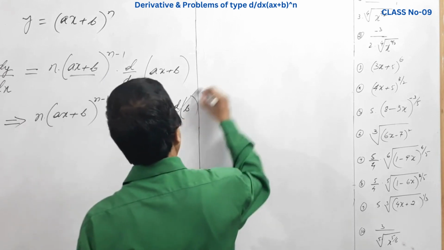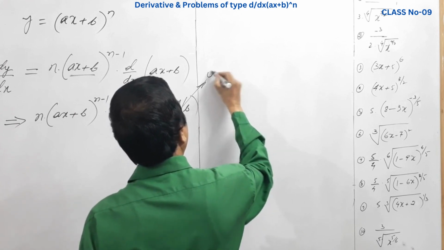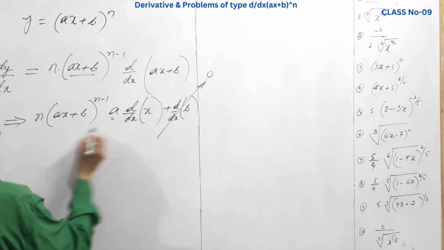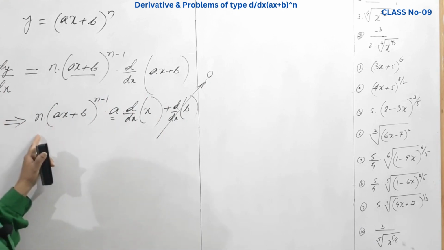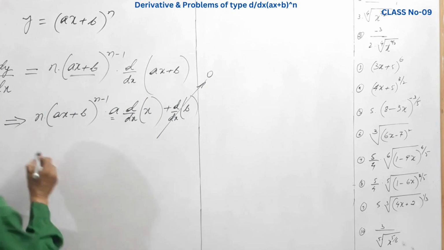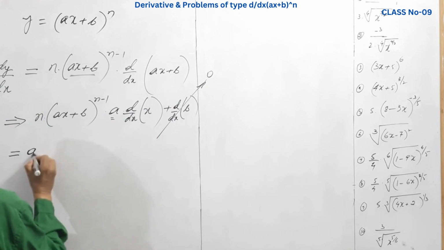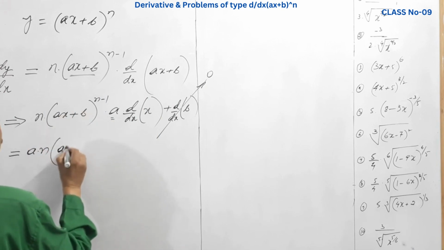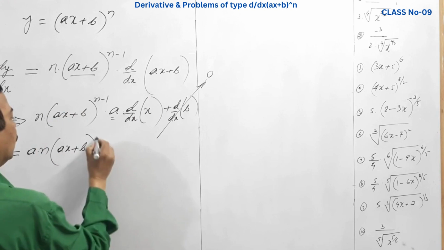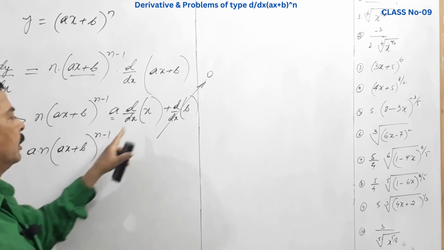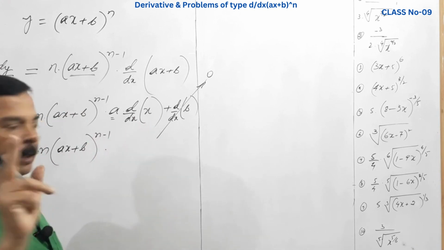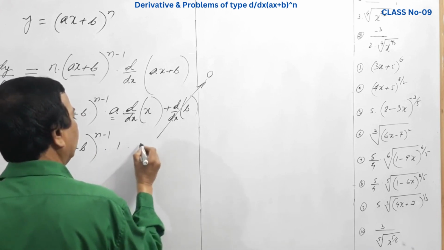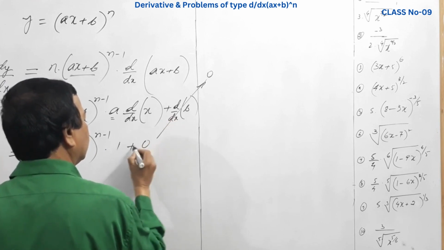So straight away we write this as 0. Since a is a constant, I will bring it just beside n, so this equals a into n into (ax plus b) to the power of n minus 1. d by dx of x is 1, we know that. So this will be 1 plus 0.